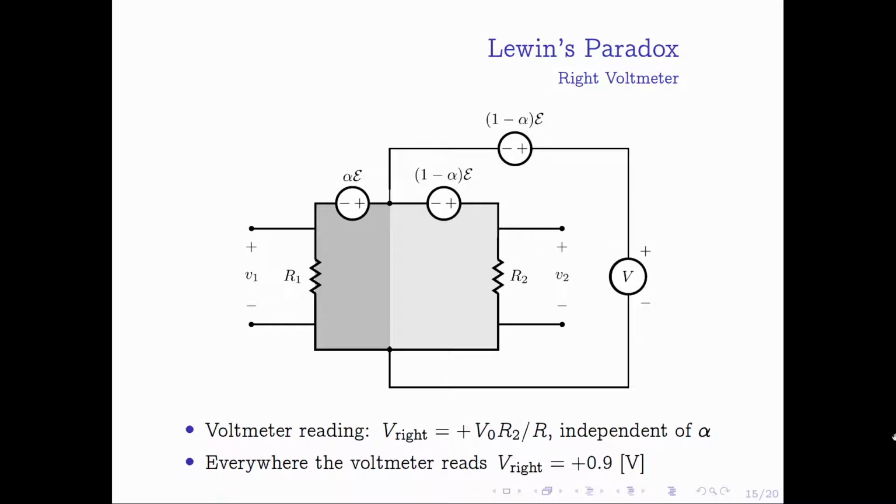We can apply similar analysis to the voltmeter on the right, and as you can see the voltage in this case, we call it V right, equals plus V0 R2 over R. And again, it is independent of alpha. Everywhere the voltmeter reads V right equals plus 0.9 volt.